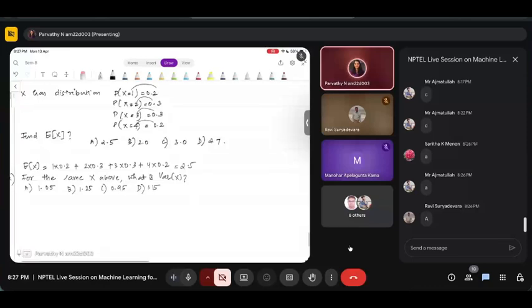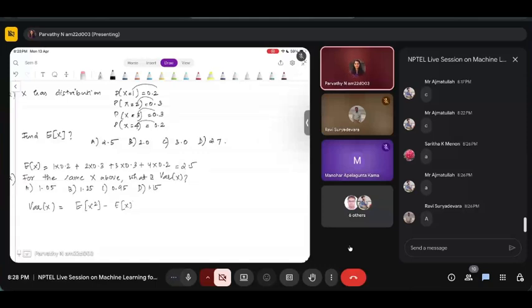So variance of X is expectation of X square minus expectation of X, the whole square. So now you can find it.